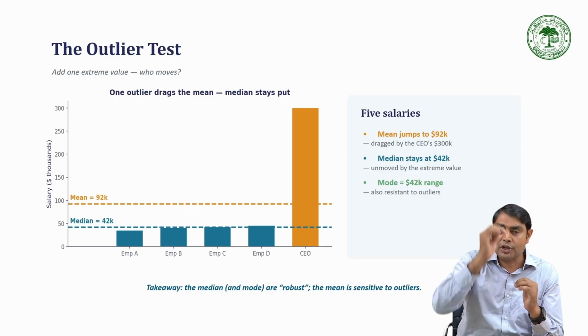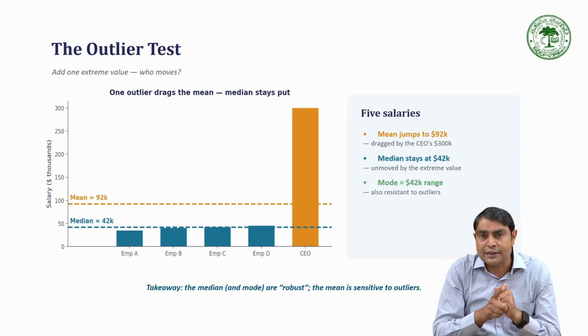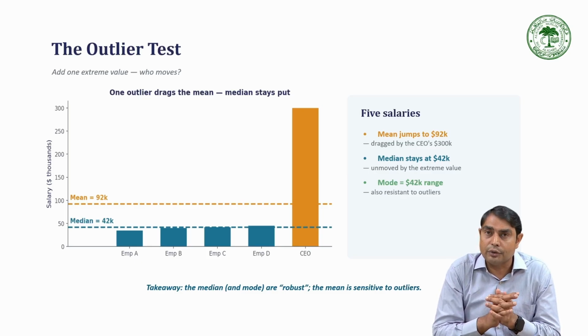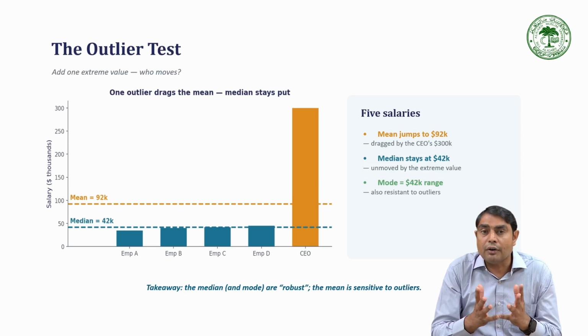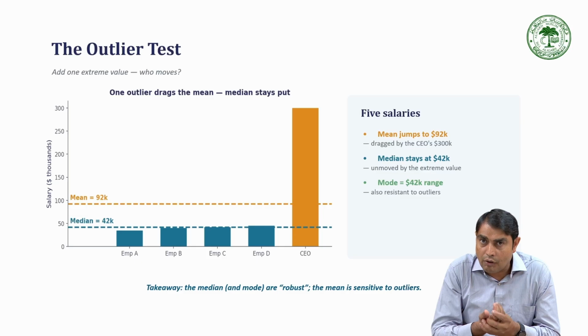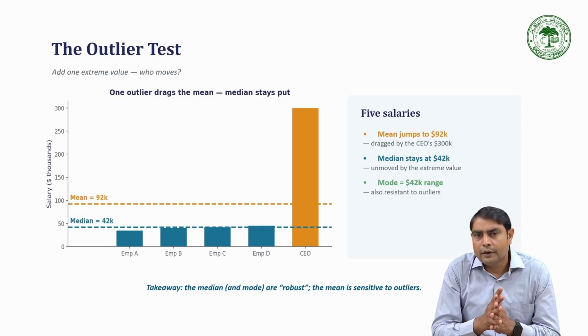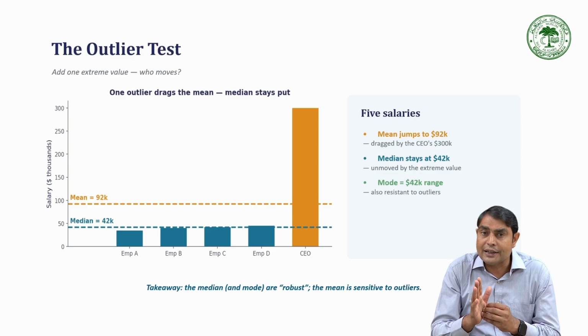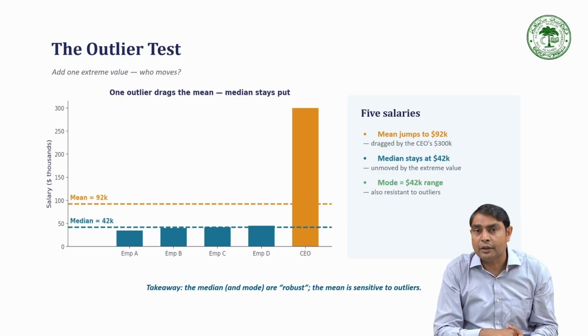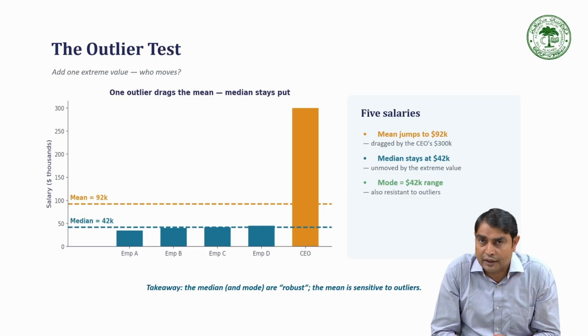The mean will be pushed up, and the average salary in this case is dragged upward by the CEO's salary, and the average salary comes to 92,000. However, the majority of the employees are getting salaries near 40,000, right? And therefore, the median stays at 42,000 rather than being pushed upward like the mean because of the CEO's salary, which is the outlier in this case.